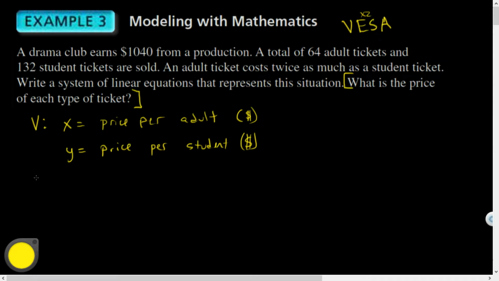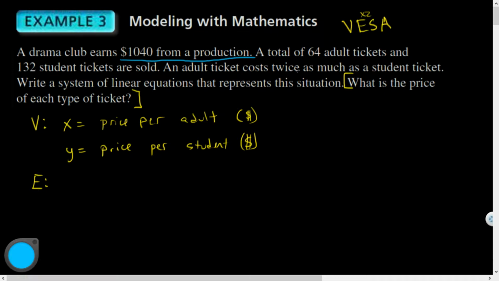Okay, now we're going to define our equations. If I have two variables, I'm going to need two facts to help me narrow down what those two variables are. Okay, so I'm going to have two types of equations here. My blue equation, I'm going to highlight the blue facts about. It said they earned $1,040 from a production.